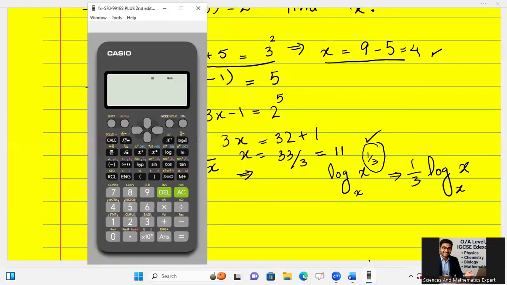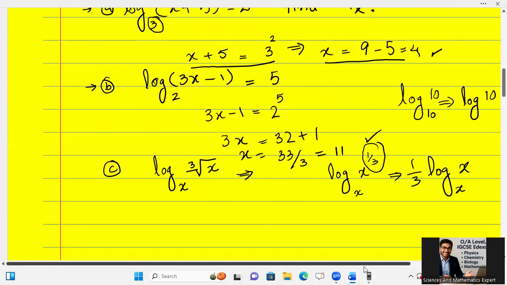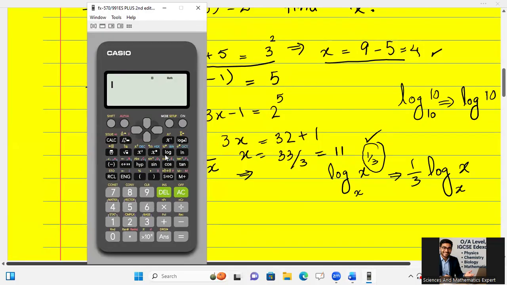If we check here, as I told you, the log to the base 10 of 10 is equal to 1.